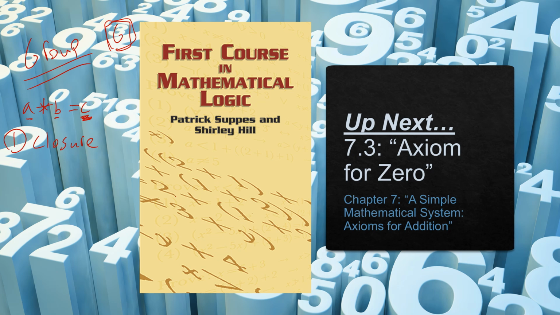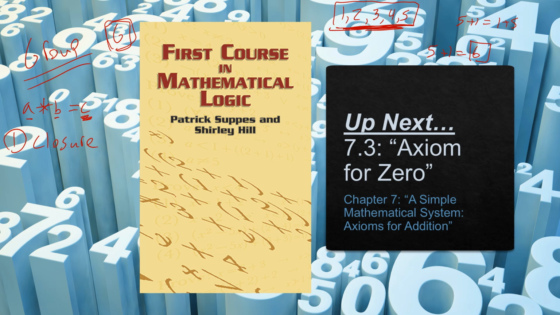Now, by the way, in the Suppes and Hill textbook, in terms of our toolbox, we have defined the numbers 1, 2, 3, 4, and 5, and that's it. So if we said 5 plus 1 is equal to 6, we've already violated the closure principle because 6 does not belong to our little set there. However, we can say 5 plus 1 is equal to 1 plus 5 and all sorts of other things.